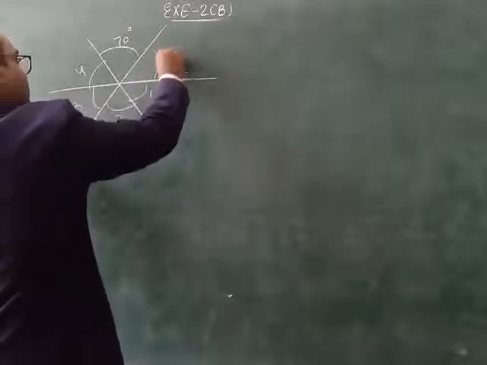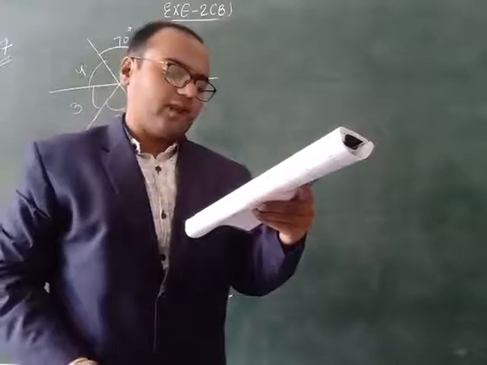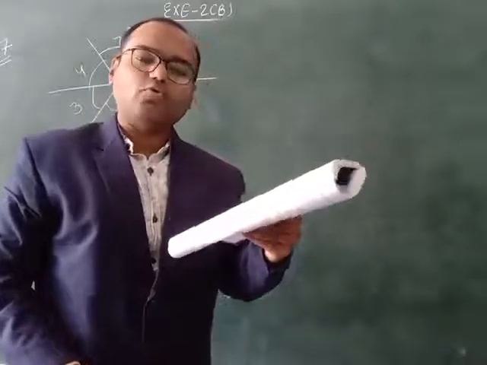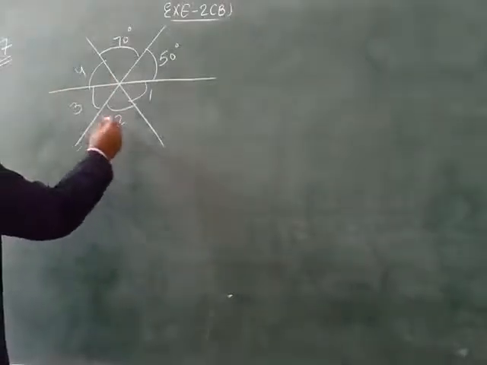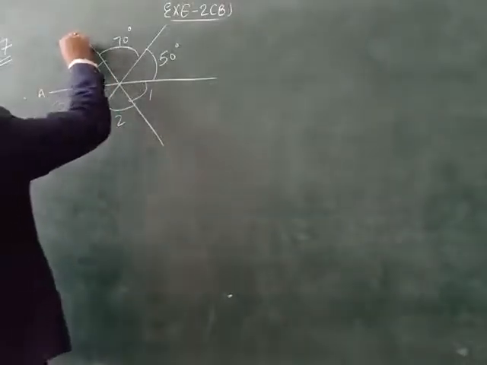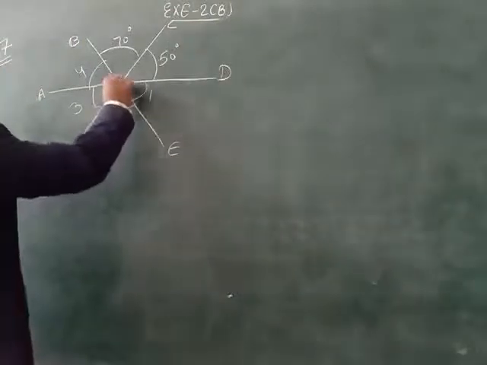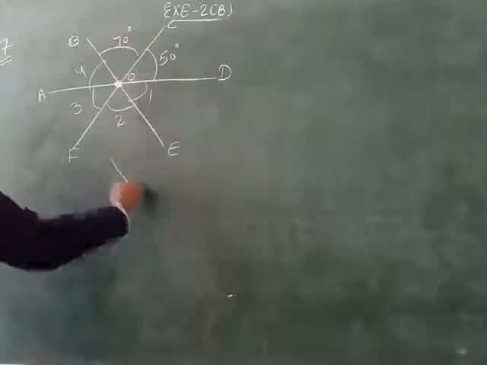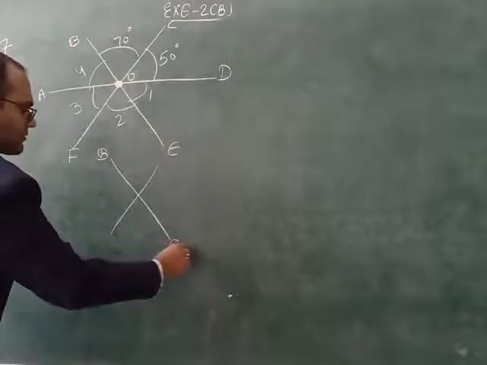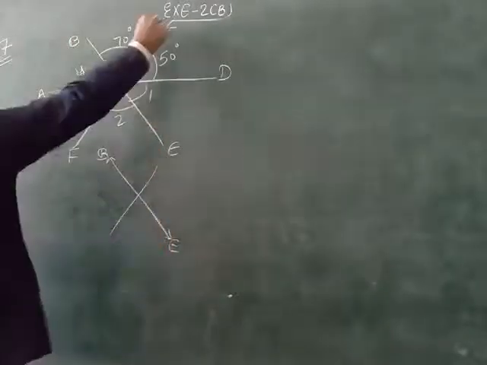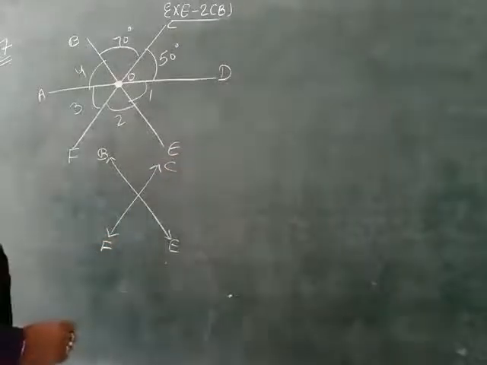Here it is given 50 degree. And the heading of the question is: find the value of the angles labeled 1, 2, 3 and 4. So first of all we will write the names A, B, C, D, E, F. Let's say this point is O. Two lines we will take, first the BE line, and the CF line.